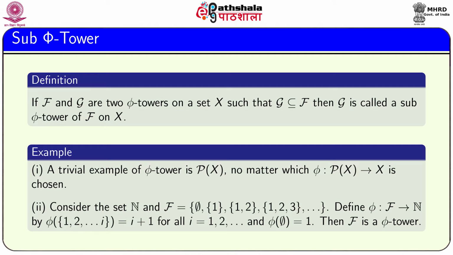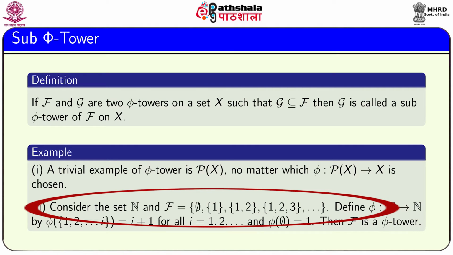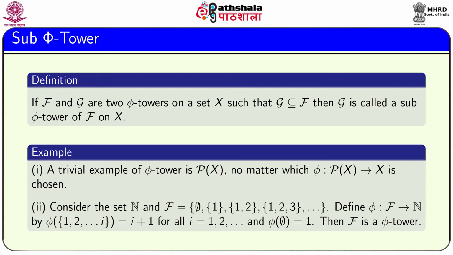In the second example, we consider the set N of natural numbers and script F as a collection of sets of the form empty set, singleton 1, set consisting of 2 elements 1 and 2, set consisting of 3 elements 1, 2, 3 and so on.